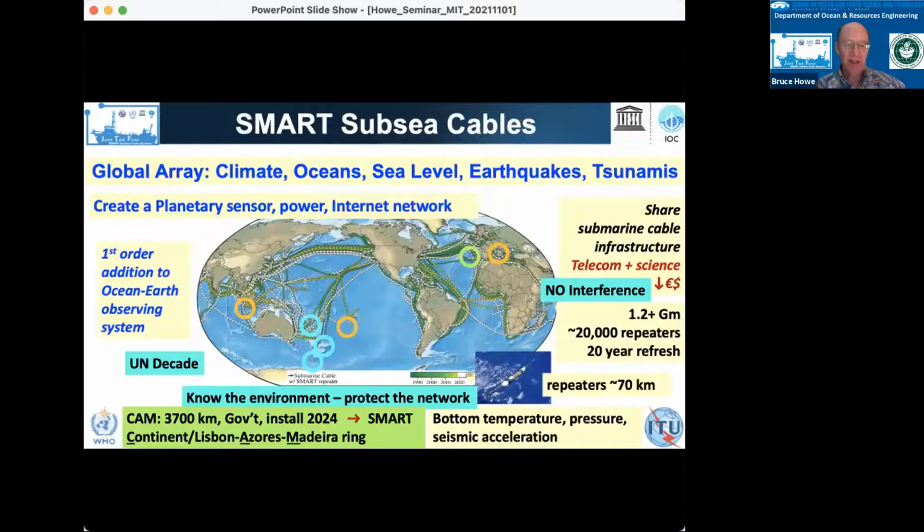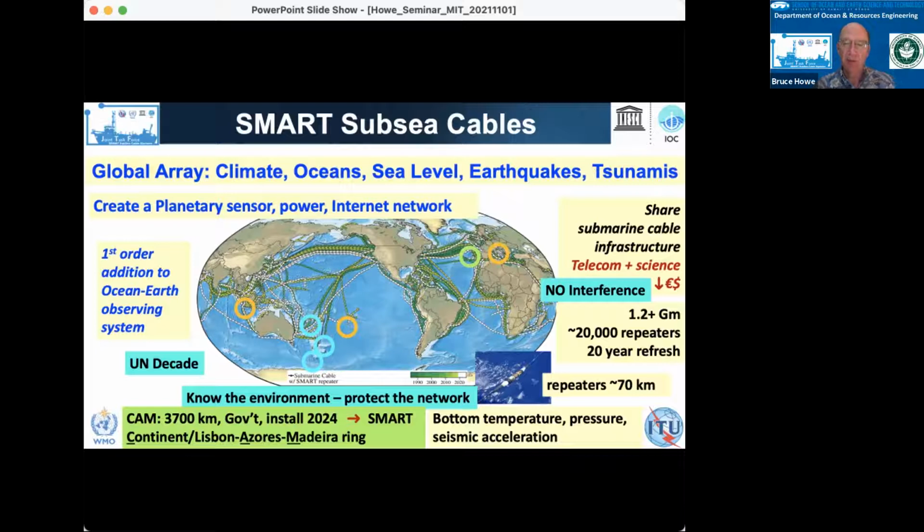So next, this is an overview summary slide, so I'll spend a bit of time on it. The goal here is really to create a global array that addresses climate, ocean, sea level, earthquakes, and tsunamis. This is basically creating a planetary sensor network with power and internet connectivity.